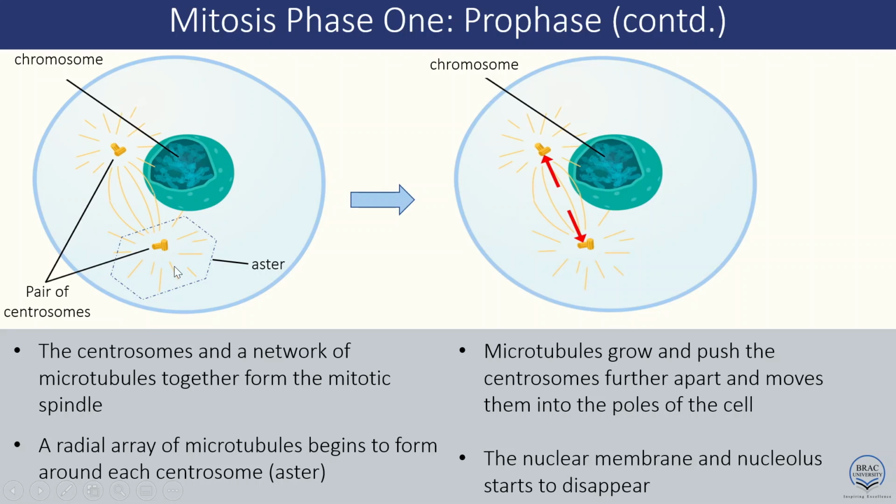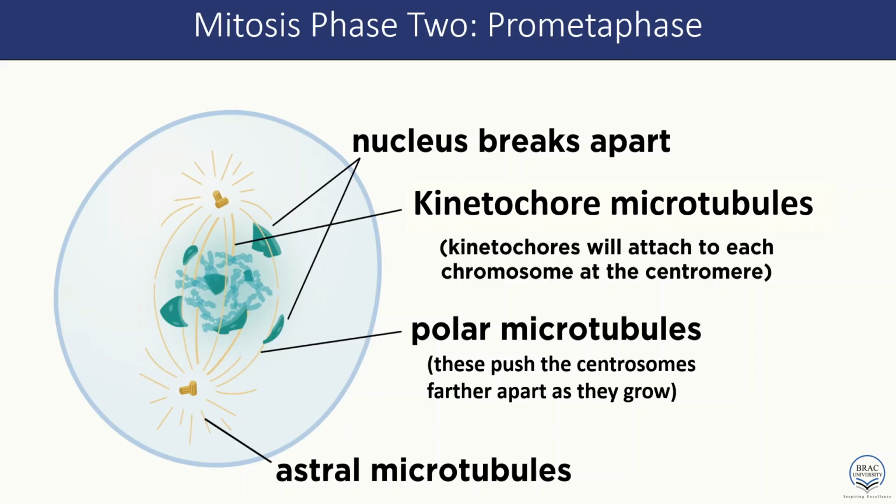This radial array of microtubules at the side, those are short, the astral microtubules. At the end of the prophase the nuclear membrane and nucleolus start to disappear. In the next phase we will see the nuclear membrane break down into fragments. So this is the second phase, the prometaphase.